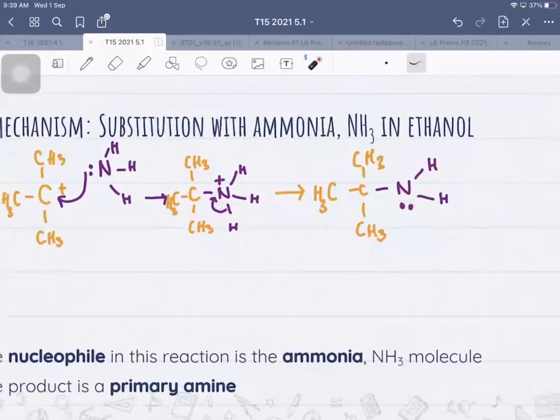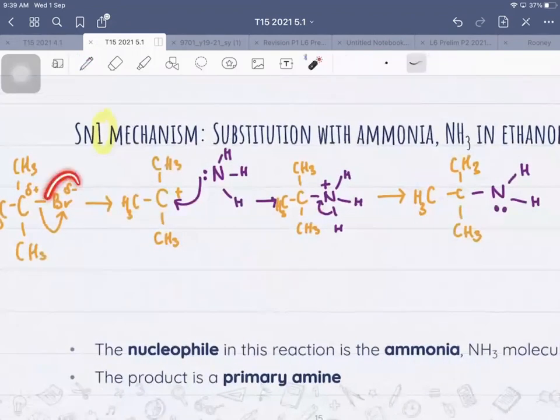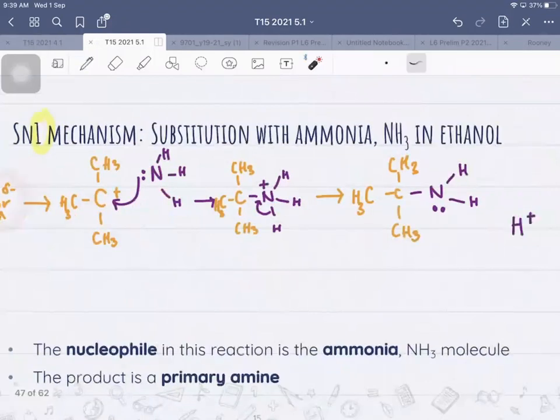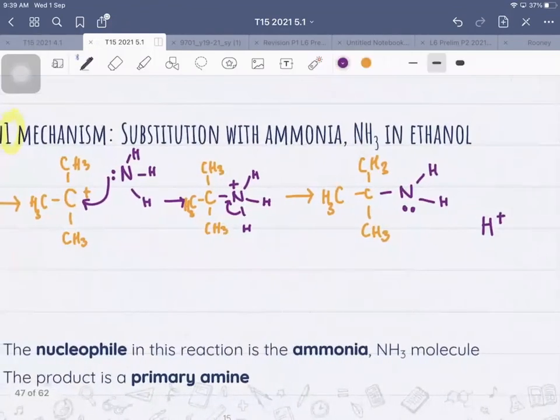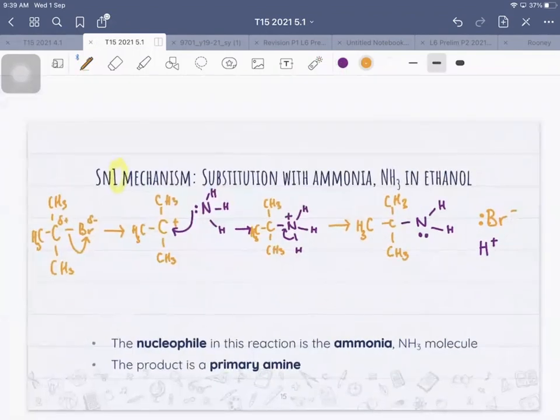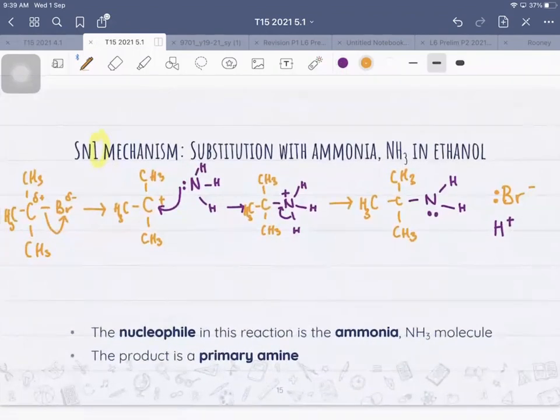Okay, so that hydrogen lost its electron, it becomes H plus. Don't forget your bromine, which gains a pair of electrons, it becomes Br minus. So that is how or where the hydrogen from the ammonia went to. It becomes a hydrogen ion in the product.